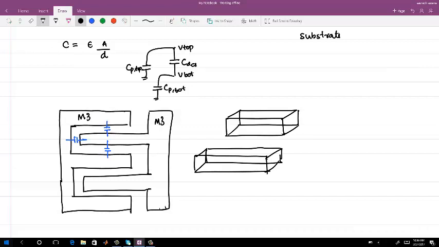So the dimensions here are, let's say, X and Y. Now the two faces of these metals which are facing each other are this one and this one, right? So the capacitance is realized between these two faces, depending on the thickness.